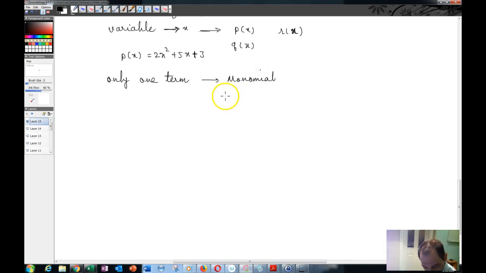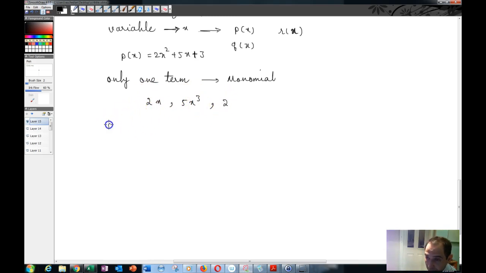For example, a polynomial like 2x, or 5x cubed, or even a 2. These are monomials because each of them has only one term.